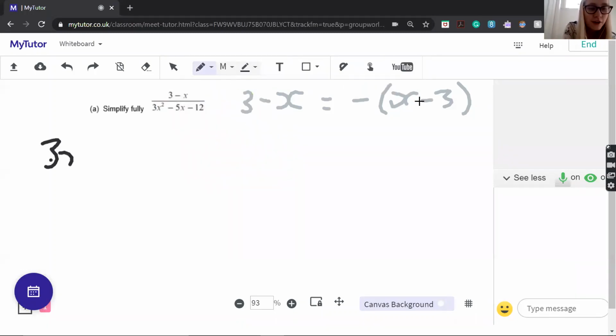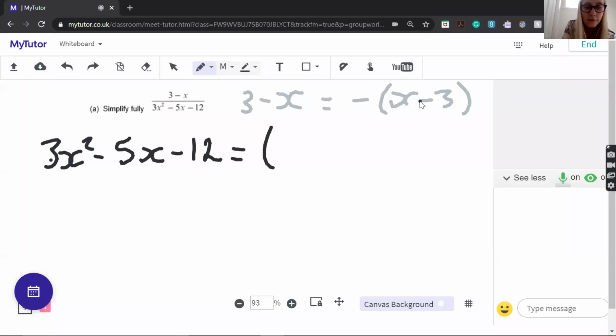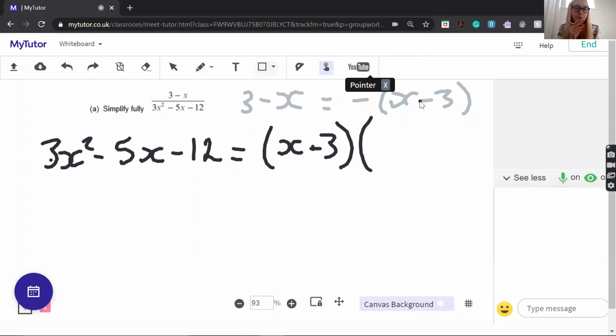And that means that we can work out the rest, which is nice. So if we have a look at this denominator, 3x squared minus 5x minus 12, and one of the factors is x minus 3, we'll forget about the negative for now. What's the other one going to have to be? In order to make a 3x squared, the first part is going to have to be 3x.